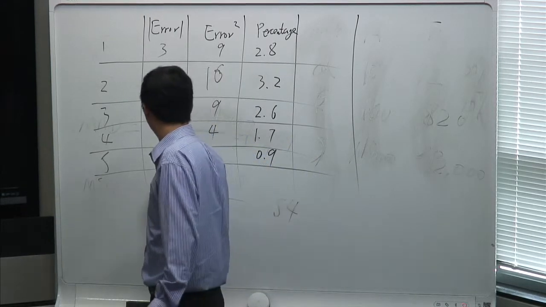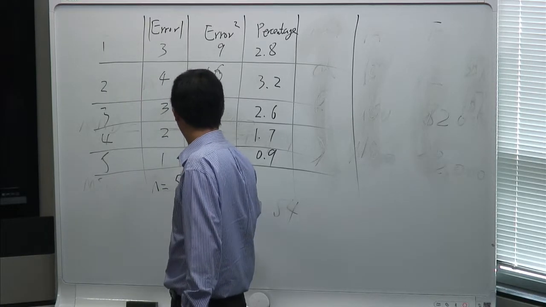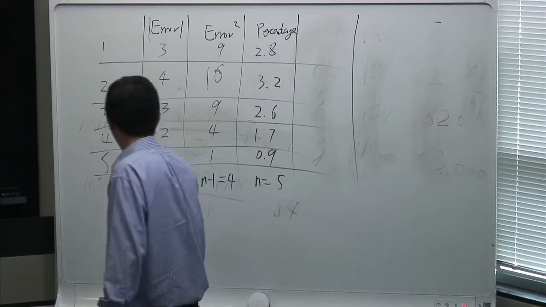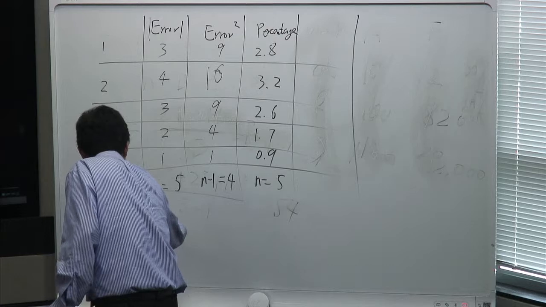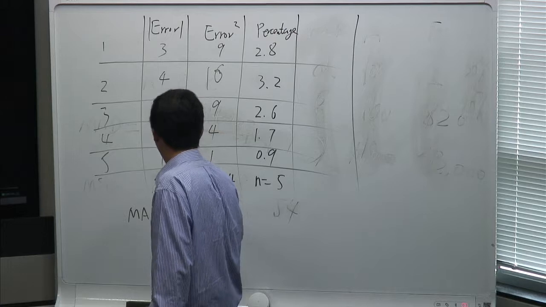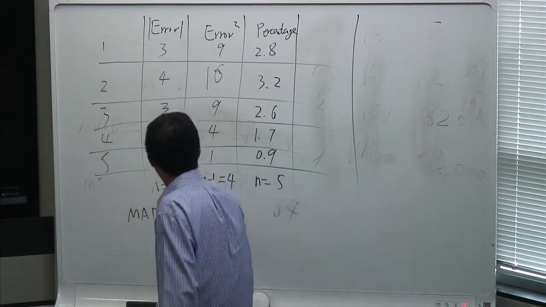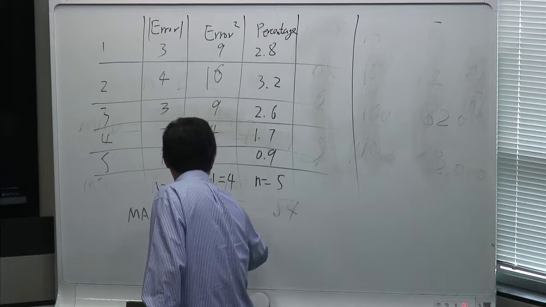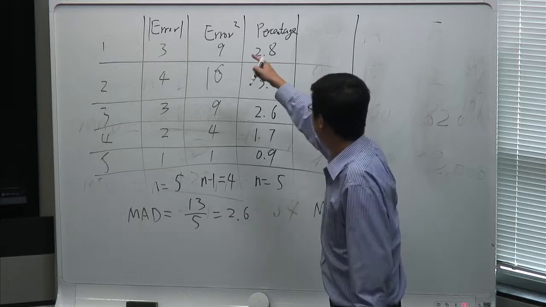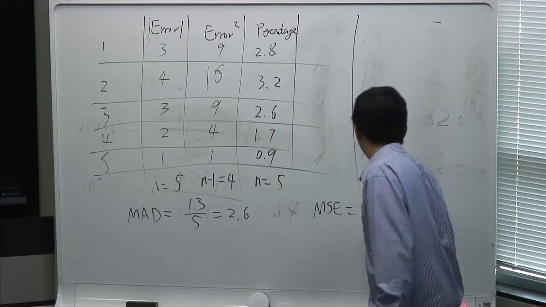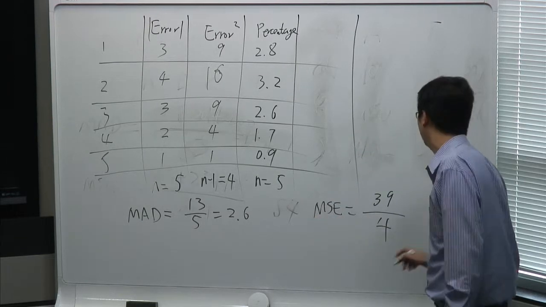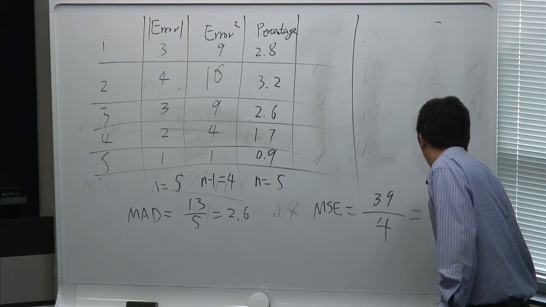Okay, n equal to what? 5. N minus 1 for MSE equals 4, and n equals 5 for MAD. So for the mean absolute deviation, you sum them together and divide by 5. The summation is 13, and 13 divided by 5 is 2.6. Good. For MSE, the summation is 39, and 39 divided by 4. Now pay attention, it's n minus 1, not n. So it's 9.75.